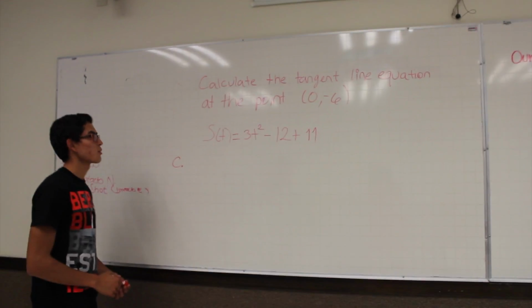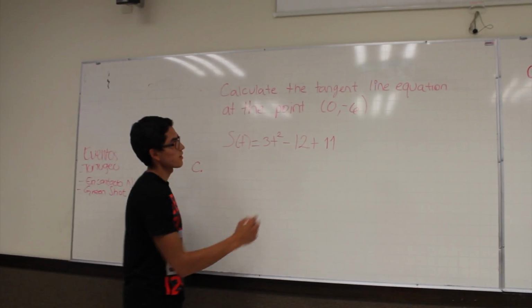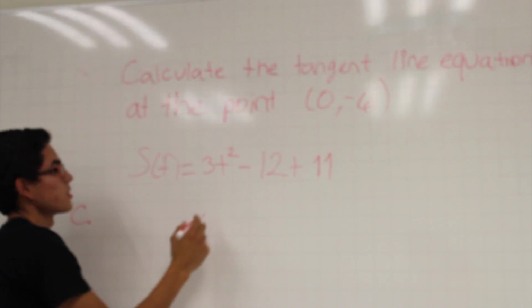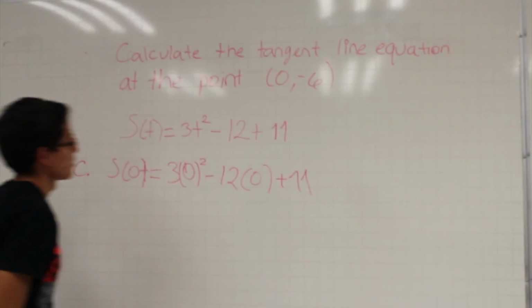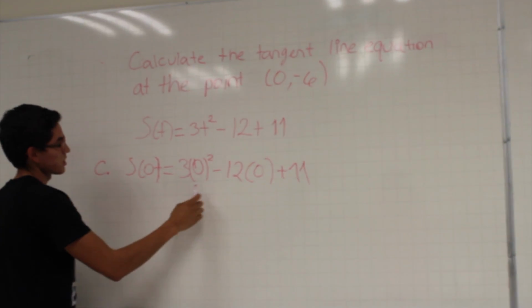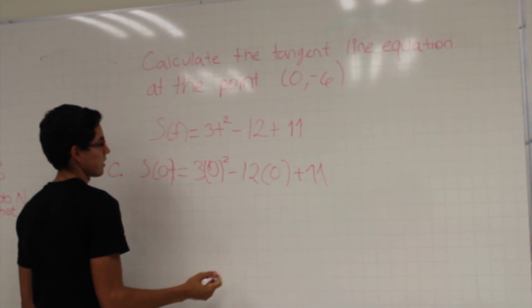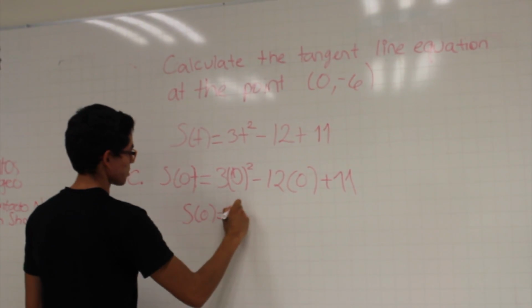Calculate the tangent line equation at the point 0, minus 6. We grab the value of x, that is 0, and we substitute it in the derivative equation. So we substitute the 0, and 3 times 0 is 0, and here also 0. And we have that this is equal to 11.